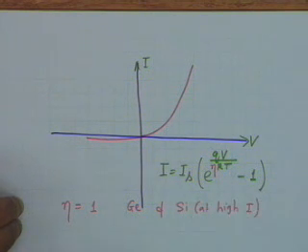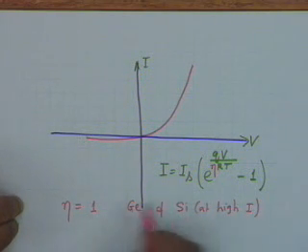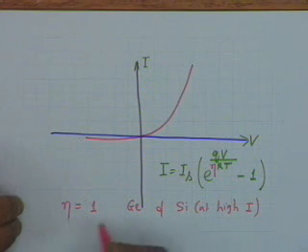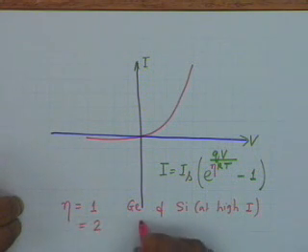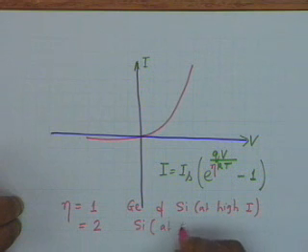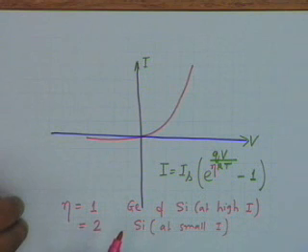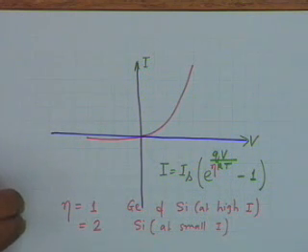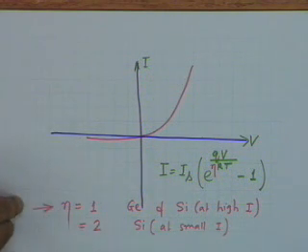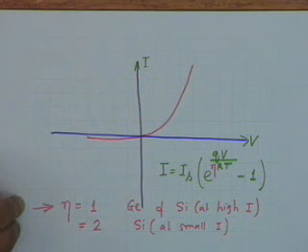At reasonably large currents, silicon and germanium obey this equation with eta equal to 1, whereas eta is equal to 2 for silicon at small currents. The transition between small current and large current is somewhat fuzzy. So unless otherwise specified, we shall assume that eta equal to 1. If it is specified that eta has to be taken equal to 2, then you take it 2, otherwise we shall take it to be equal to 1.